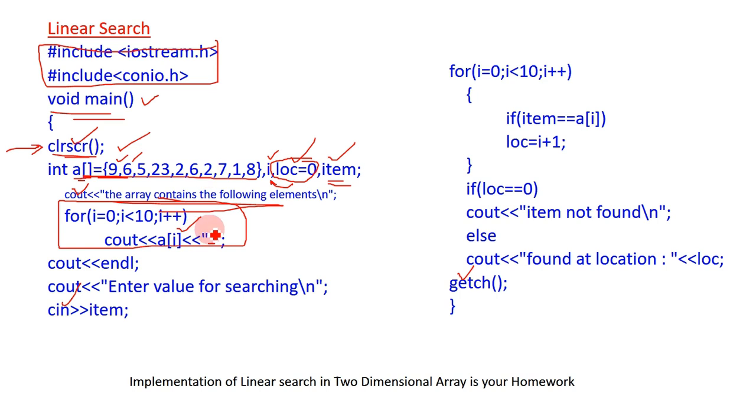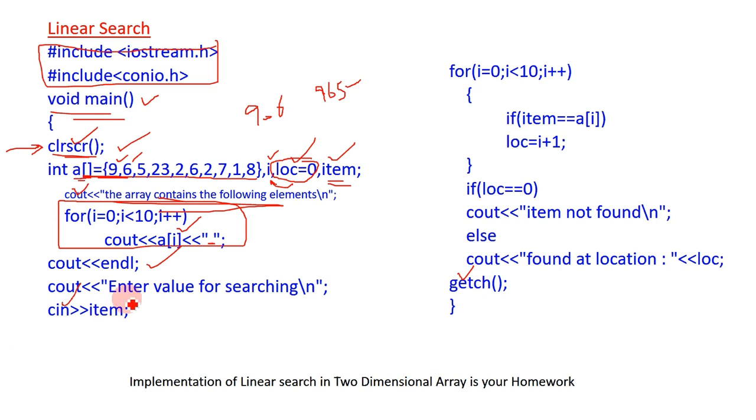It means when 9 is displayed, then a single space will be there, and then 6 will be displayed. If this space is not given, then the whole values will be displayed with no spaces between them. Cout endl means the end of the line, and the control goes to the next line.